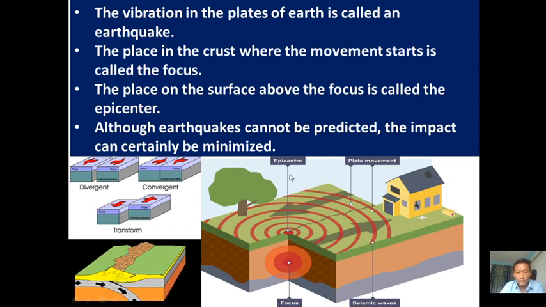By following earthquake mitigation measures and guidelines, in terms of construction and drop, hold and cover, we can minimize the destruction of earthquakes.